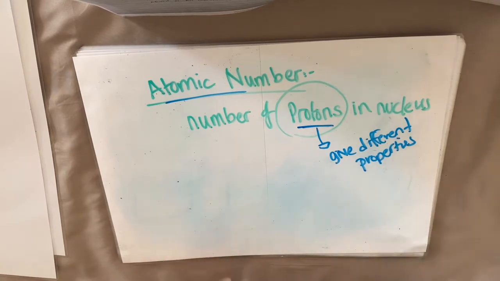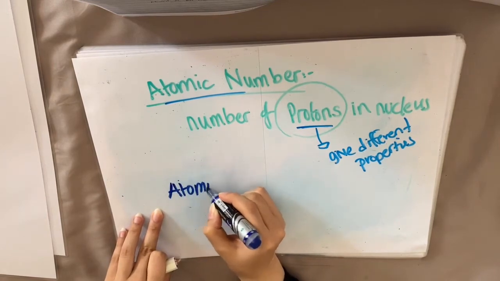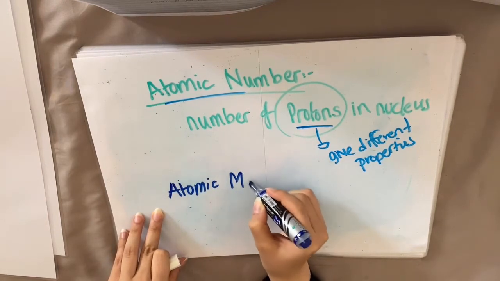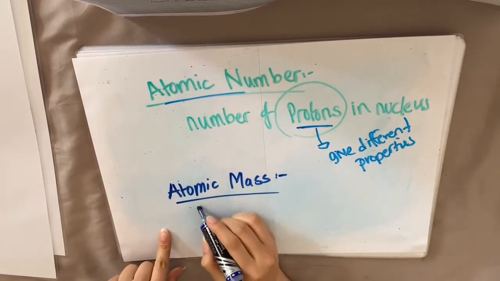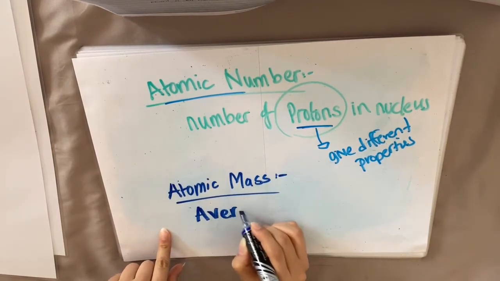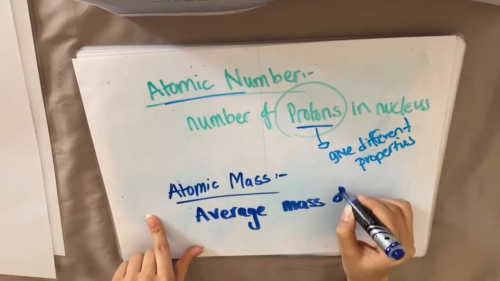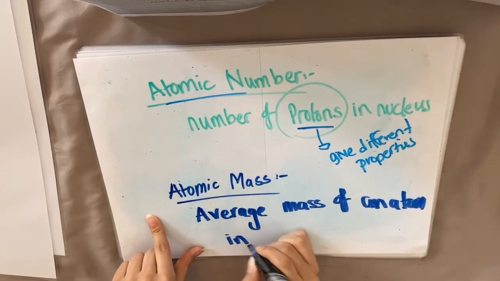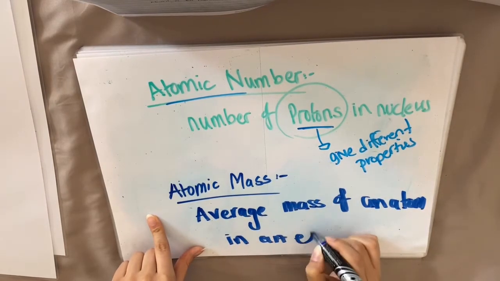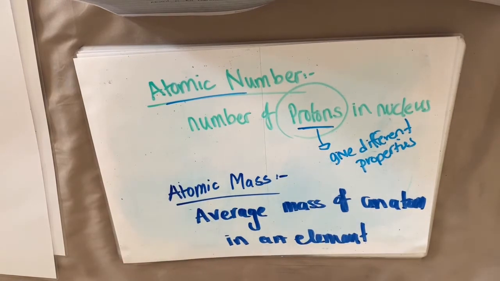How about atomic mass? From its name, we're looking at a mass. But which mass? The average mass. Average mass of an atom in an element. So, what if I ask you, what's the average mass of aluminum?